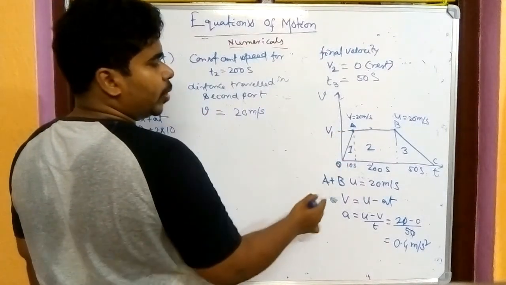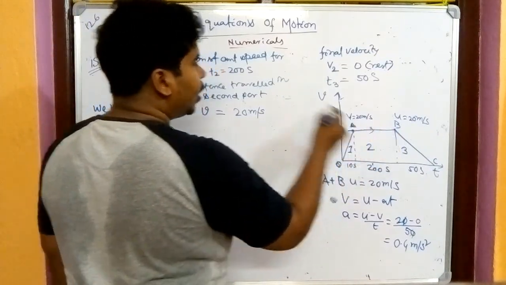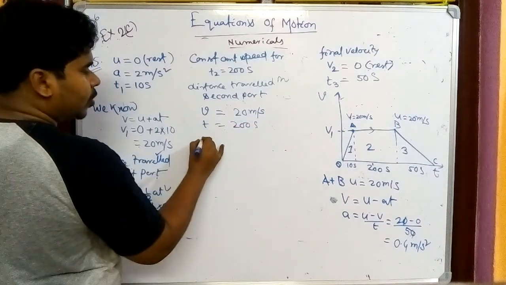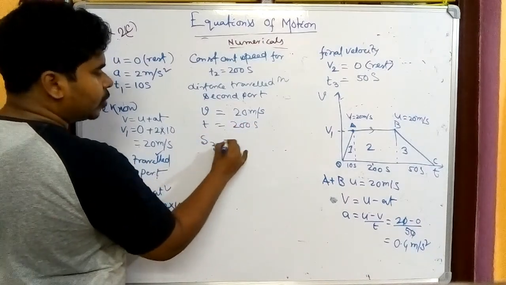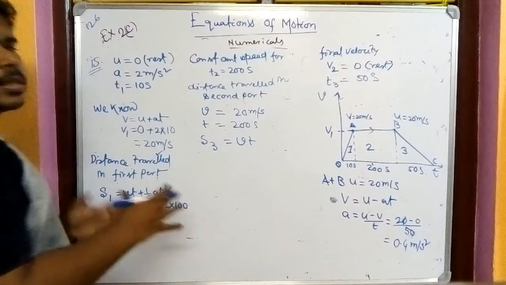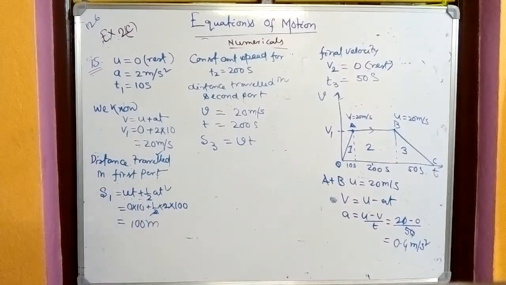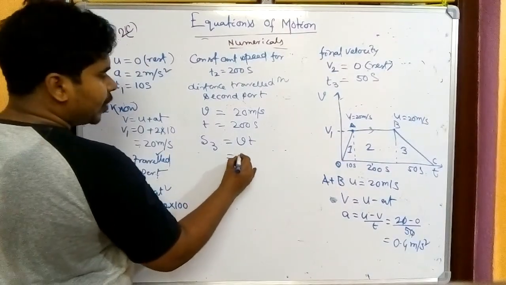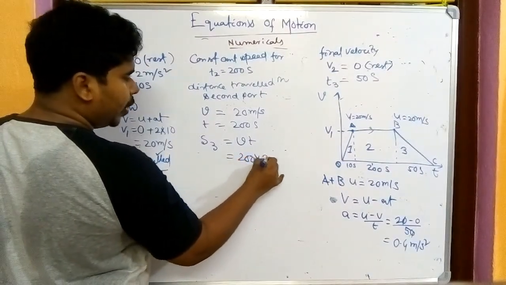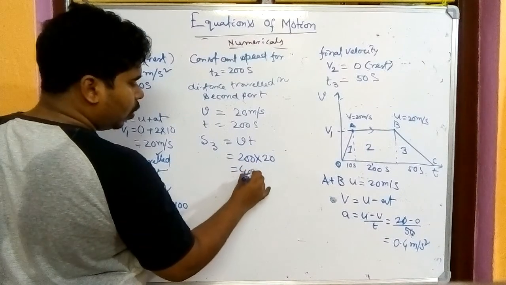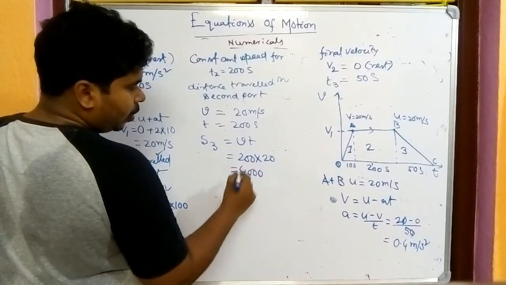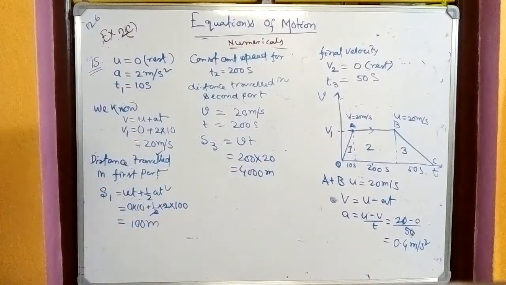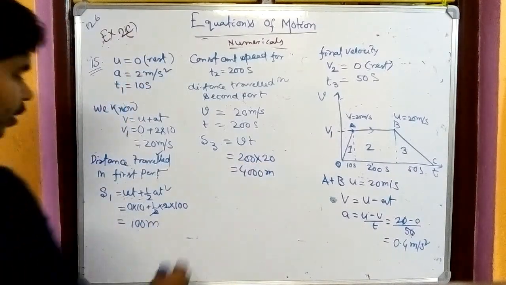The velocity is 20 meter per second, and it is moving for 200 seconds. Time is 200 seconds. So distance s2 equals v into t. As it is a constant velocity, no acceleration is there, so I have not included any a. So it is 200 into 20, that is 4000 meter. That is the total distance in the second part.